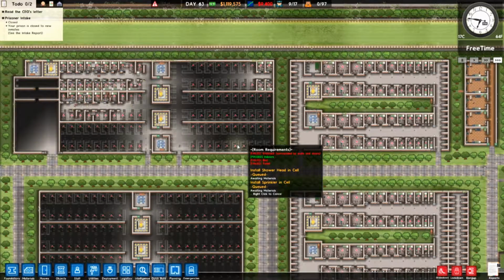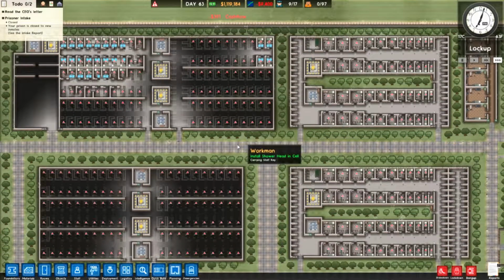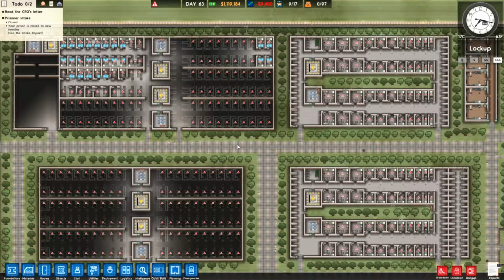So I'm going to let this run for a bit to enable the workmen to build all the cells, and then we're going to continue once all the cells have been built and do some plumbing and put up the pipelines into the cells.